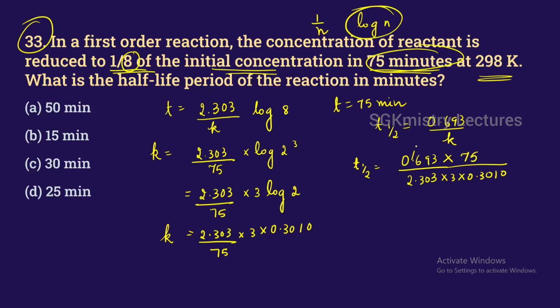Now let me shift the point so that calculations are easy. Since I've shifted 2 points, 10 to the power of minus 2. Now here also let me shift the points. Let me make it 23 and let me make it here 3. So I'll shift 2 points, make it minus 2 again. So these two will cancel. So 69.3 into 75 divided by 23.03 into 3 into 3.010.